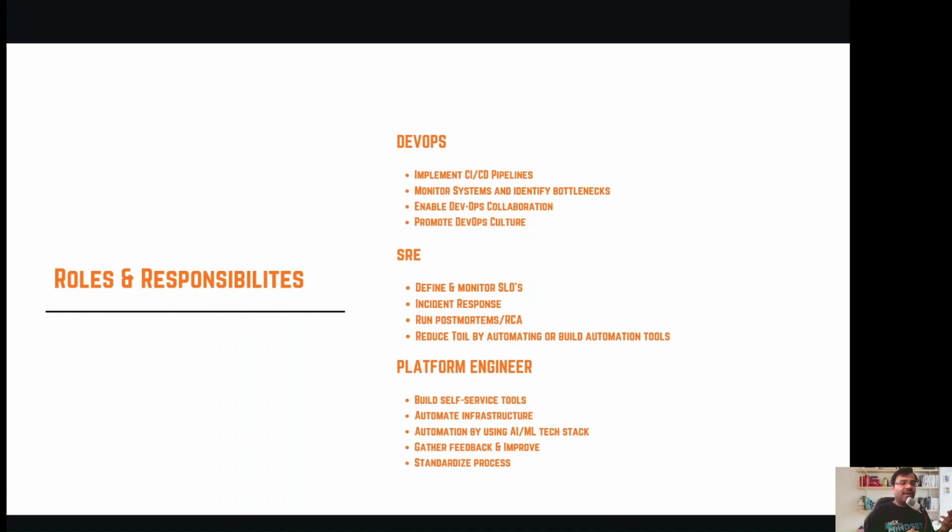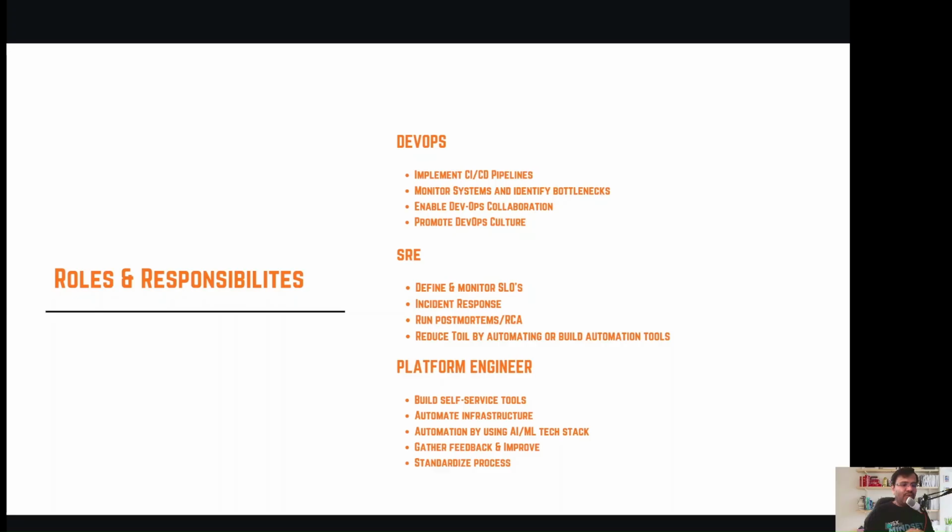And what is platform engineering? It's creating the road or the path which developers can use to ship software faster and more consistently. So that is the role of all these three: the DevOps engineer, SRE, and the platform engineer.